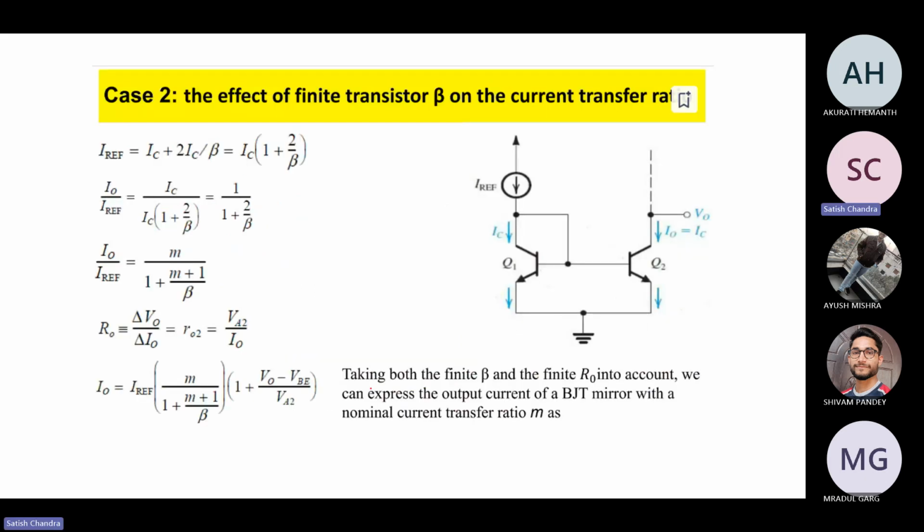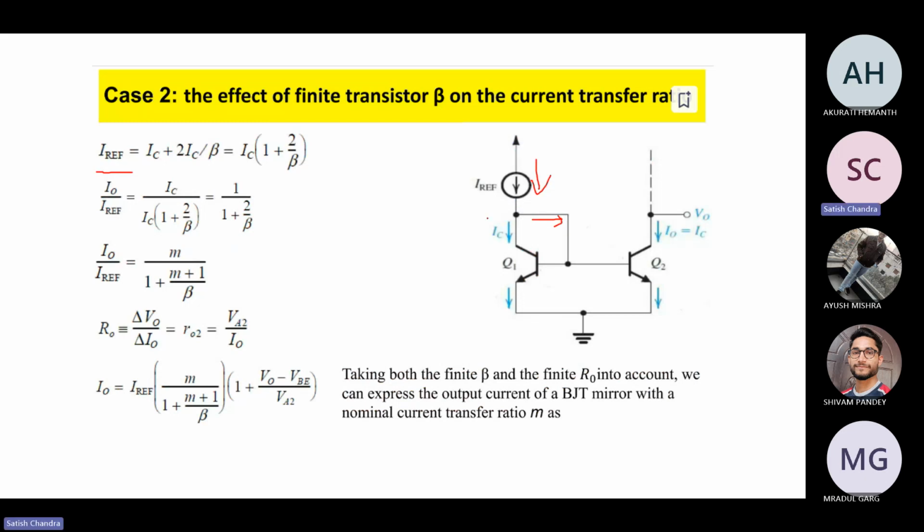Now let's see case 2, when there is a finite beta and its effect on the current transfer ratio. If we look into IREF, what is this? This is nothing but IC, this current, plus whatever the current is here.